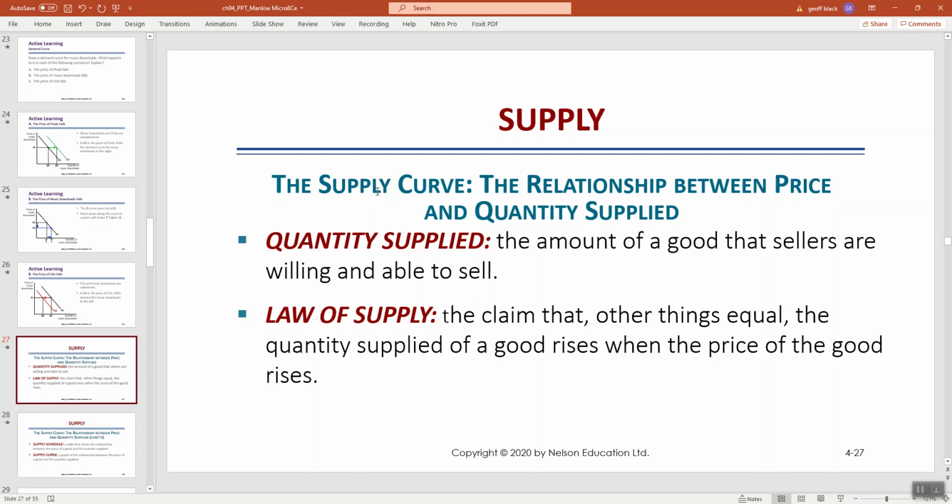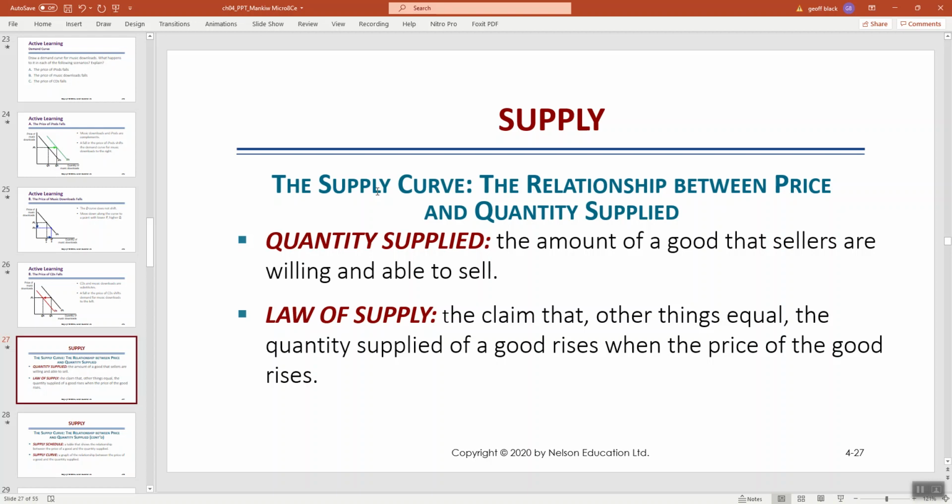In other words, let's say it's a barbecue and you're supplying hamburgers. Do you think you will supply more burgers if the price of them is higher or lower?